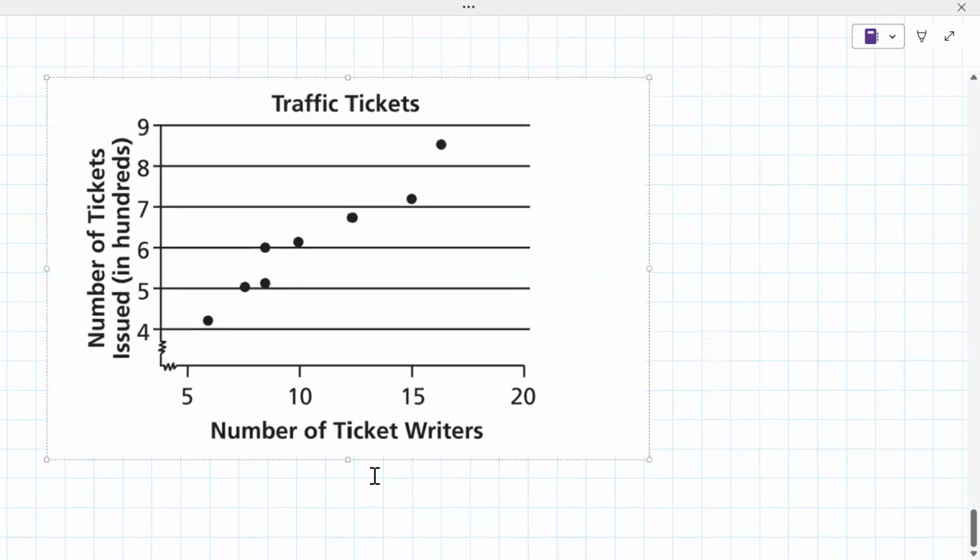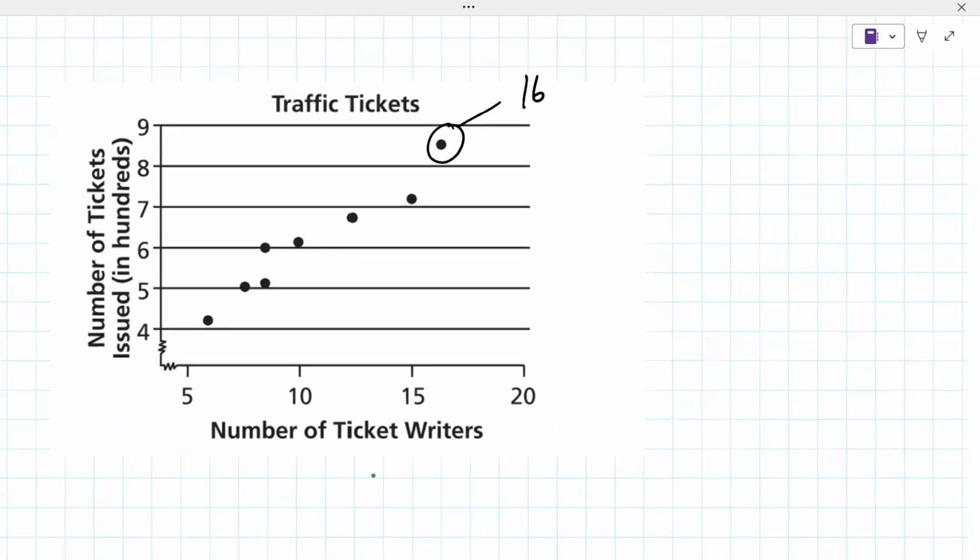And let's say that this point right here is 16 comma 8.5. And let's just say they don't give any other good points. I'll just make one up here. Let's say it's this point right here that I've added is 11 comma 6.5.